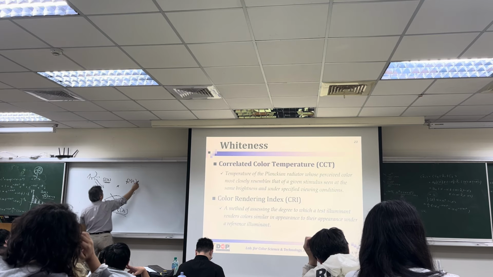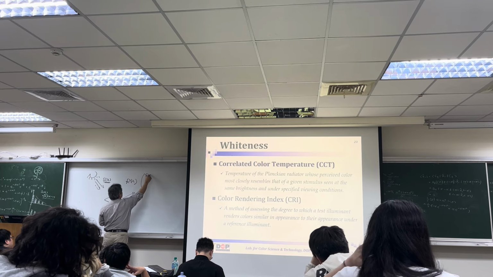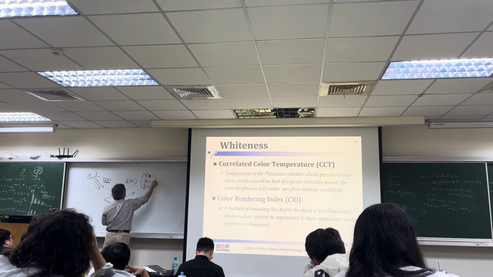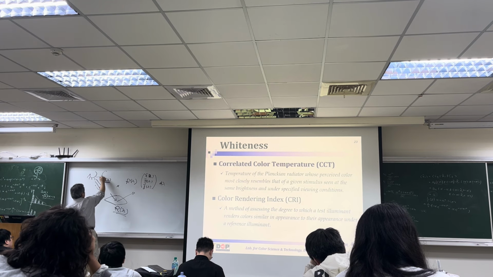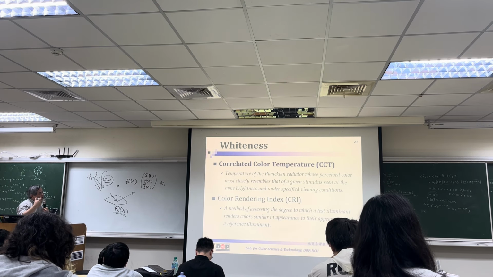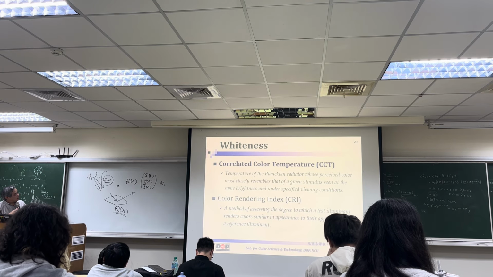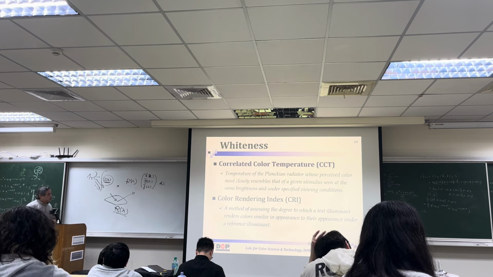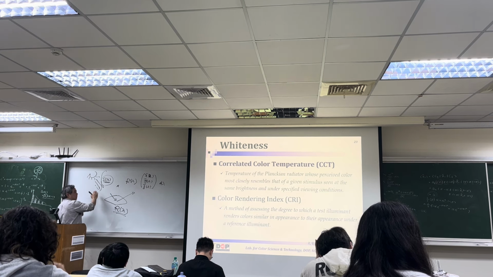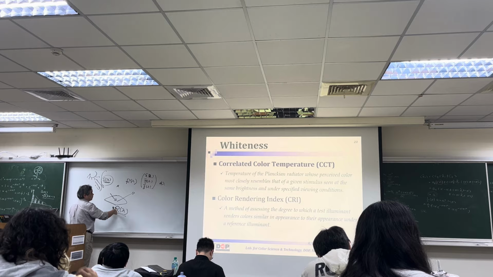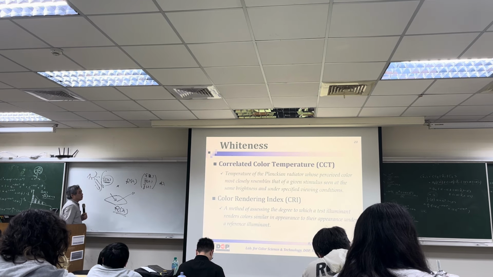reflectivity and times the color matching function. That's what we see, to integrate. So the spectrum of the light source, we expect their bandwidth must be as broad as possible, such that we can provide good enough energy for each kind of wavelength, such that it can reflect good enough energy at any spectrum.